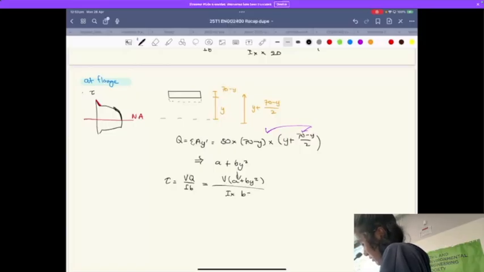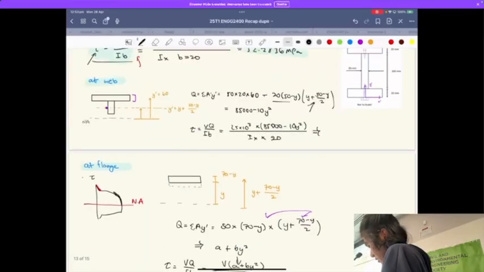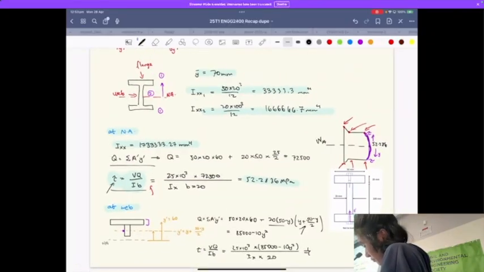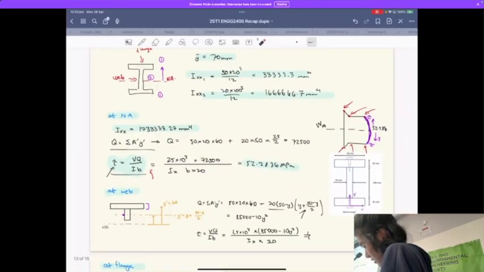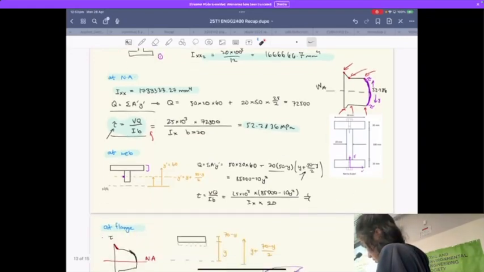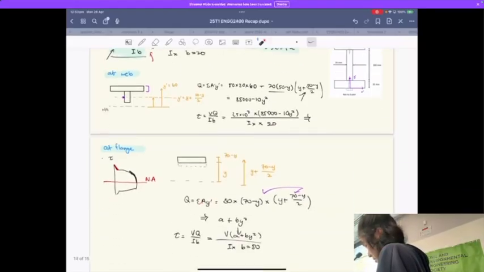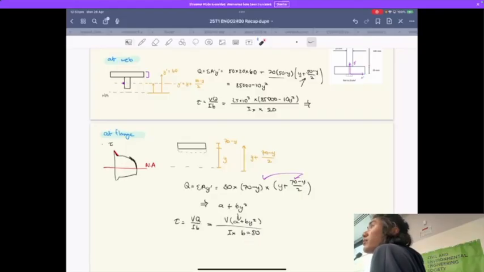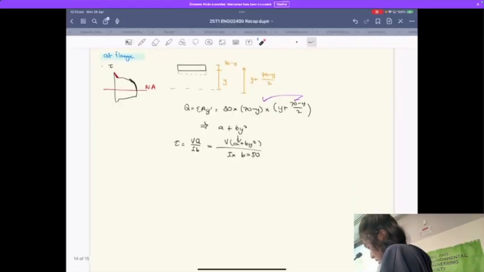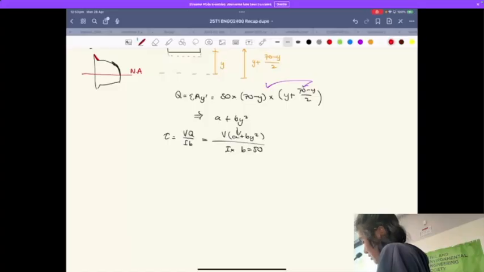And your B in this case will be 50 because the width of the flange is 50. B here is 20 because the width of the neutral axis is 20. B here is 20 because the width of the web is 20. And B here is 50 because the width of the flange is 50. Then you'll get another equation in terms of whatever that is. I actually don't have the numbers for you, I'm really sorry.